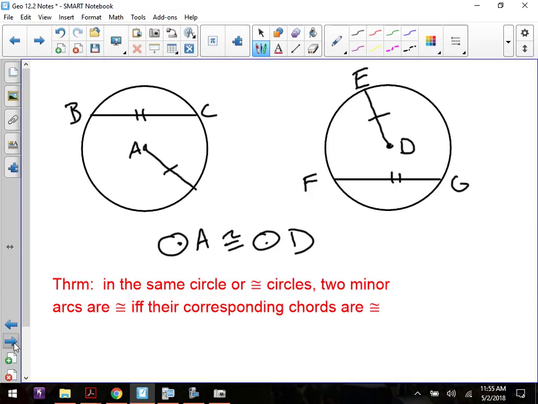What happens here is that two arcs are congruent if and only if their chords are congruent. And that means the same thing: two chords are congruent if and only if their arcs are congruent. And it sounds really weird for something that's pretty easy to show why it works.